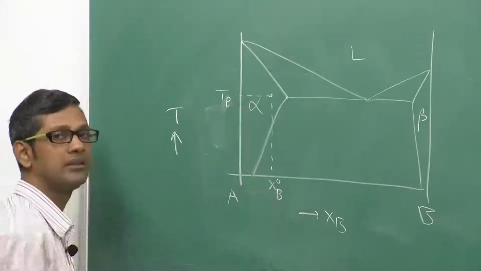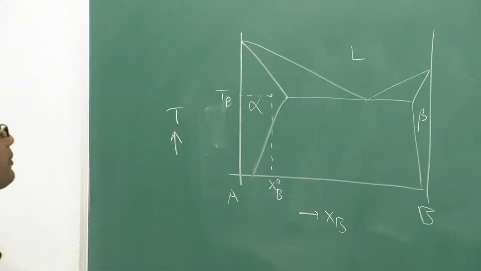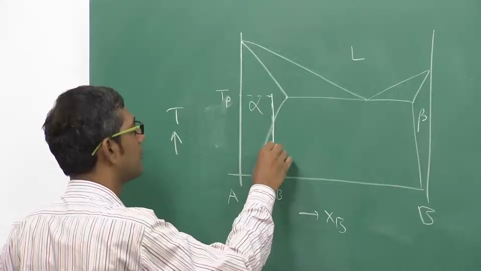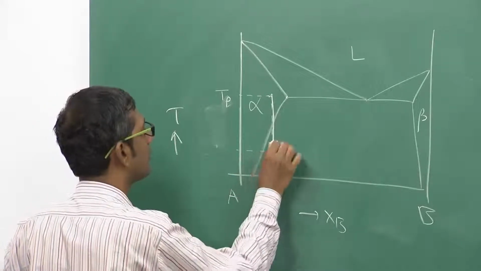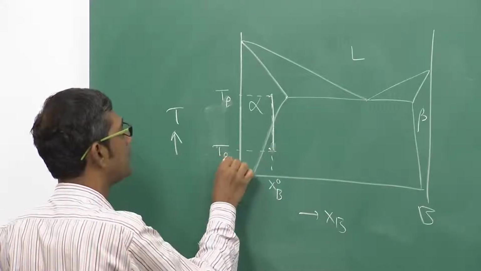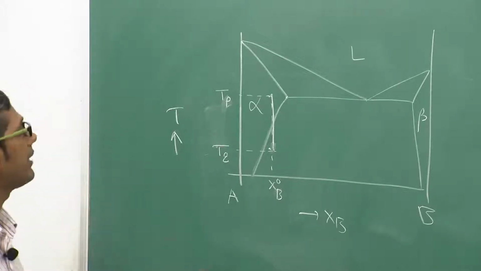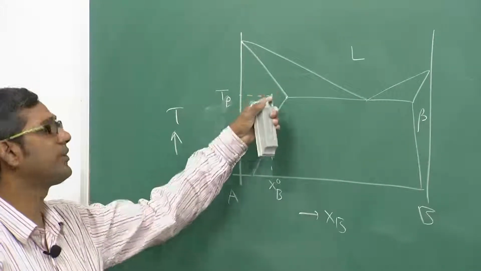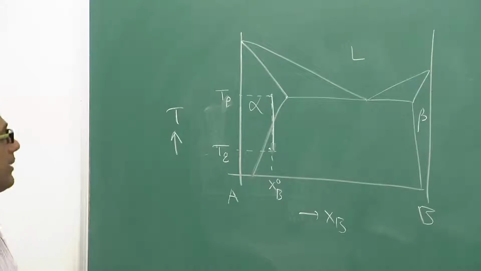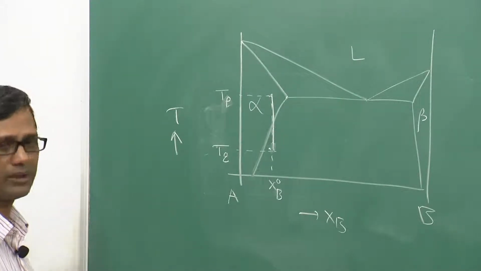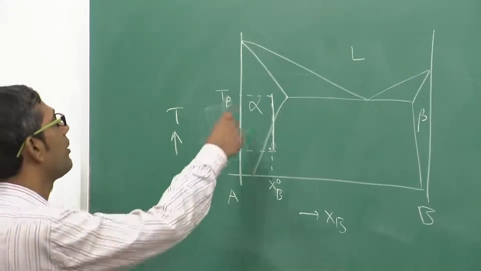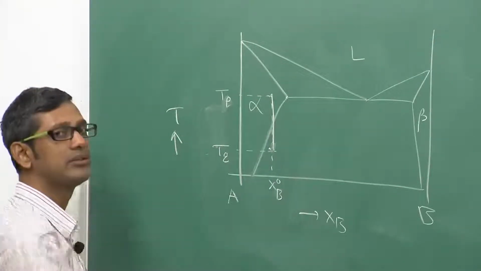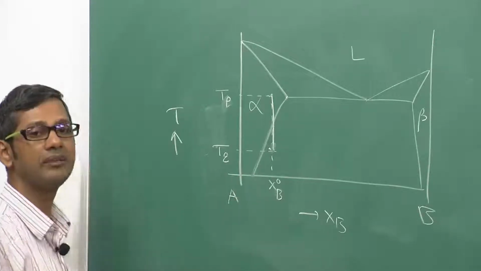Now if I quench it to temperature TQ, meaning I heat the alloy at temperature TP and then drop the sample into liquid water or liquid nitrogen, whatever, what will happen? This alpha phase will be retained at temperature TQ.